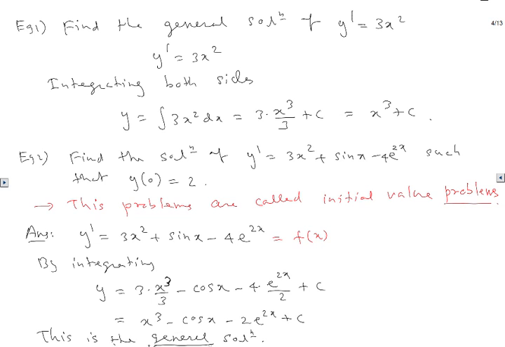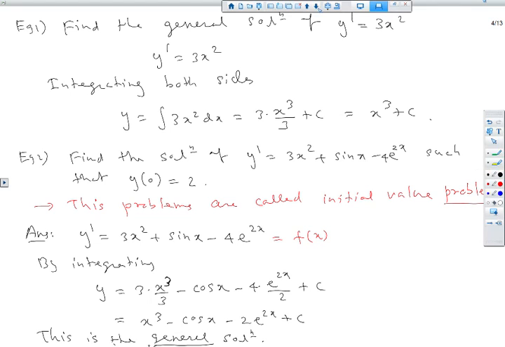Let's do that. Since y(0) equals 2, we get 2 equals 0 cubed minus cosine 0 minus 2e to the 0 plus c. We know that cosine 0 is 1 and e to the 0 is also 1, so you get negative 1, negative 2, plus c.